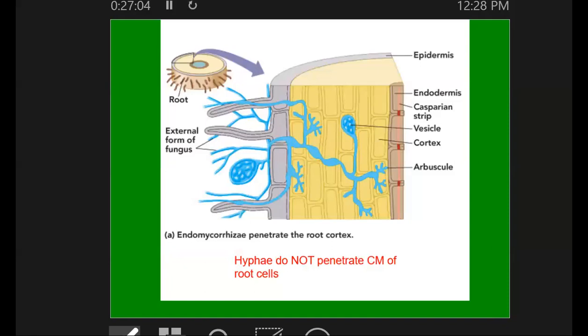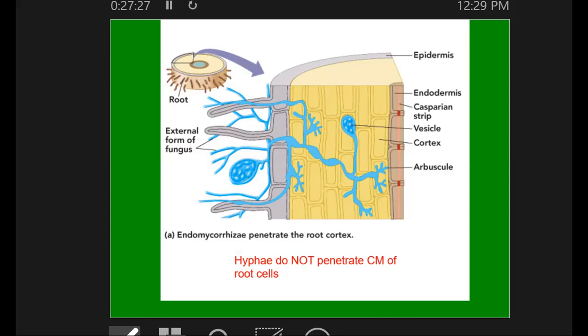So you have to imagine that the fungal hyphae, with the ectomycorrhizae, I said they just grew in the cell wall, in between, right? So they're just in the cell wall. With endo, they can grow into the cell wall space when they get into the root tissue.